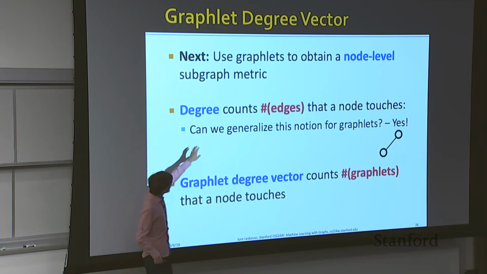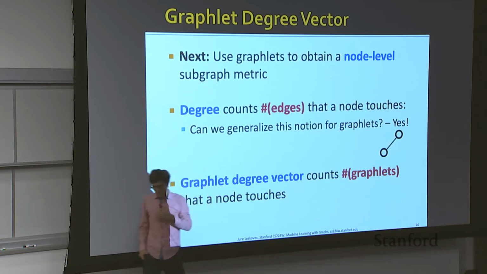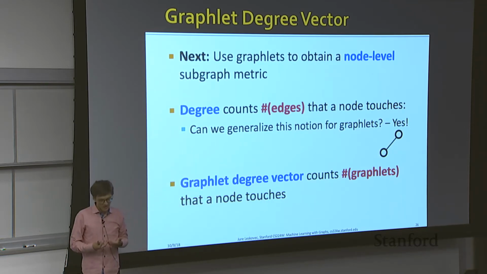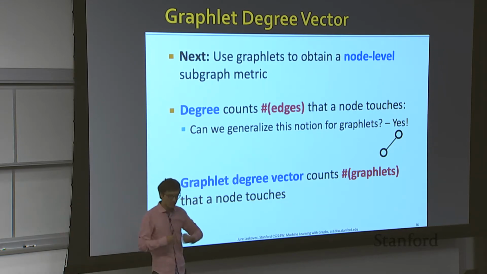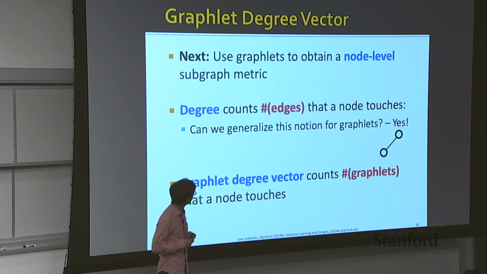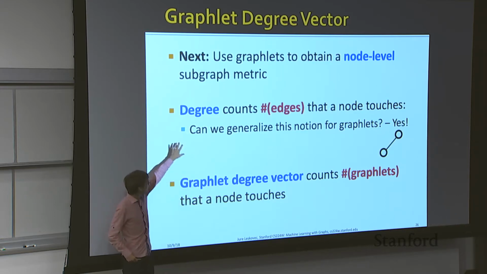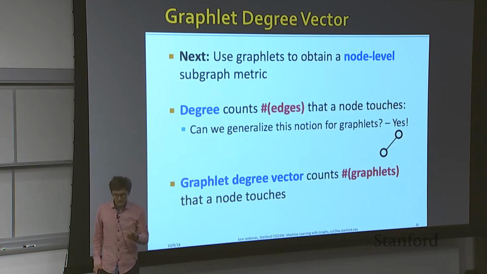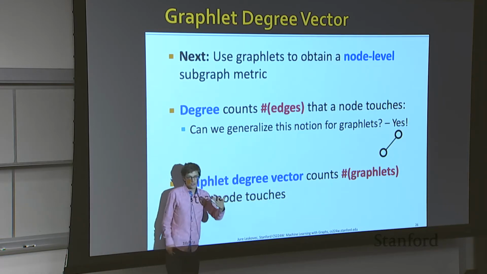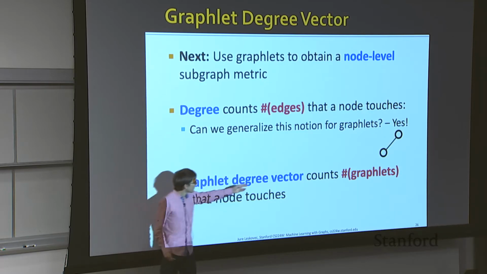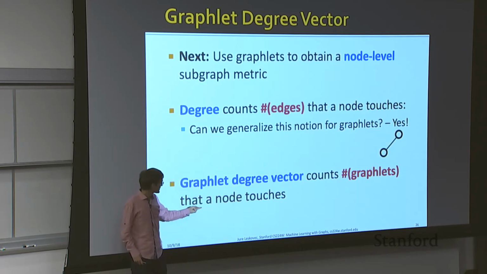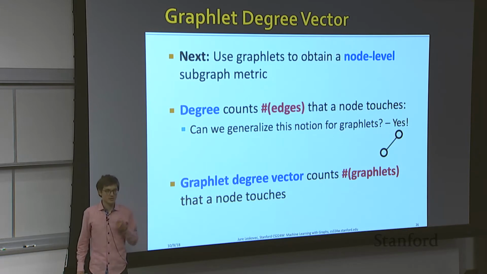And essentially, one way you can think of it is that this is a generalization of the concept of the degree of a node, which is the number of adjacent edges to the node, right? So degree is the number of edges that a given node touches. And the idea is that graphlets are a generalization of this, where the graphlet degree vector counts the number of graphlets that a given node touches, right?